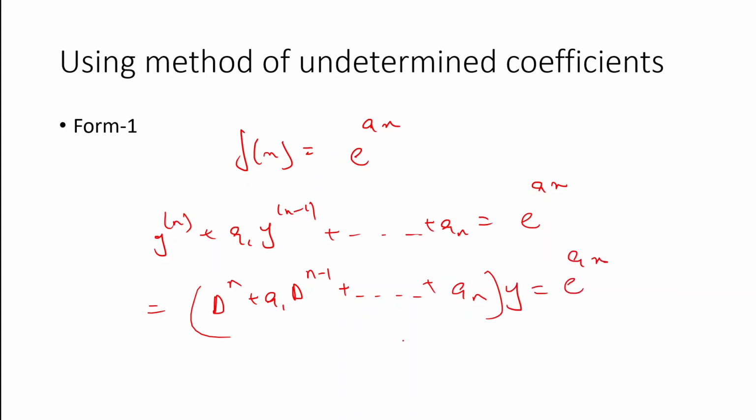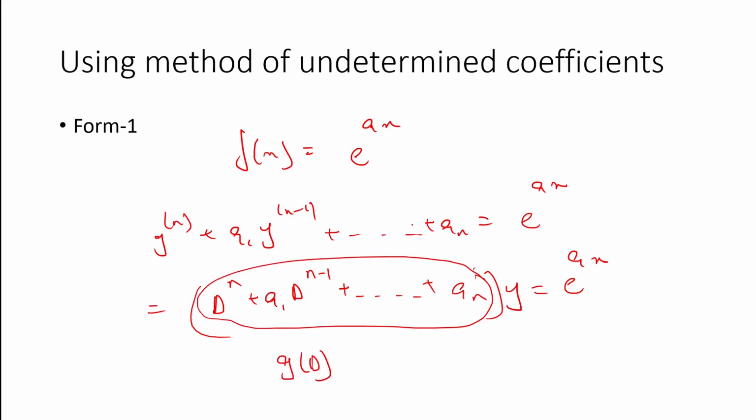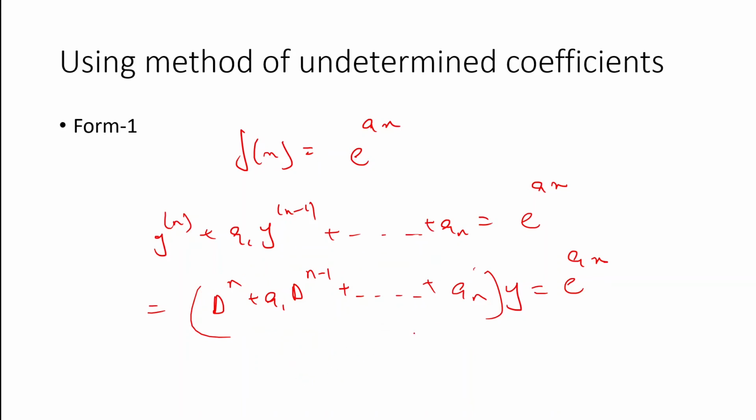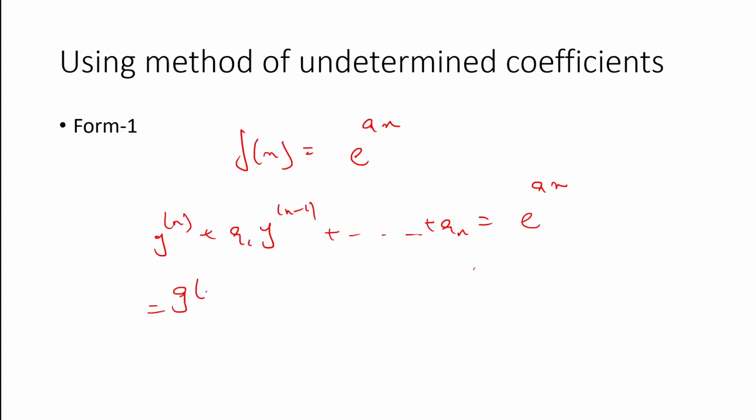This is the annihilator equation, or the auxiliary equation, you can call it whatever. This polynomial in D, let's call it g of D. So g of D times y is equal to e power ax, and y is equal to e power ax divided by g of D. Now there are some nuances to look into.